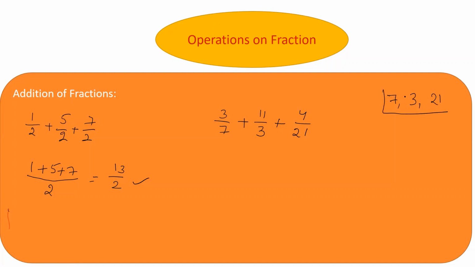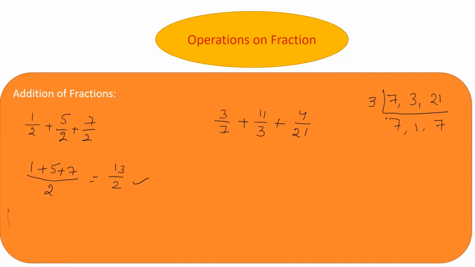See here, 7, 3, 21. All three will not come in a single table, right? But 3 and 21 will come in the 3 table. So write 3. In the 3 table we won't get 7, so write 7 as is. 3 ones are 3. Next, 3 sevens are 21.